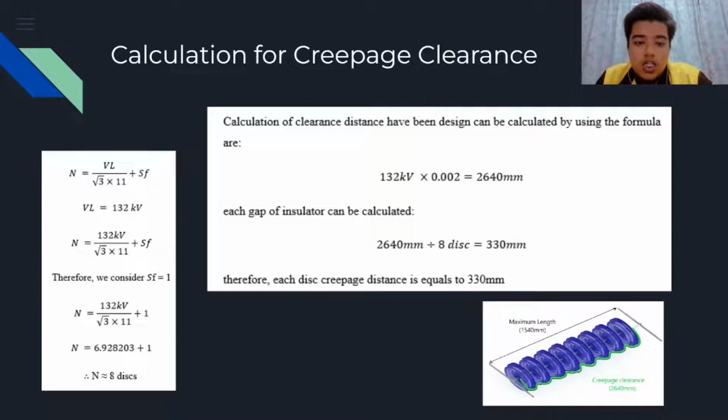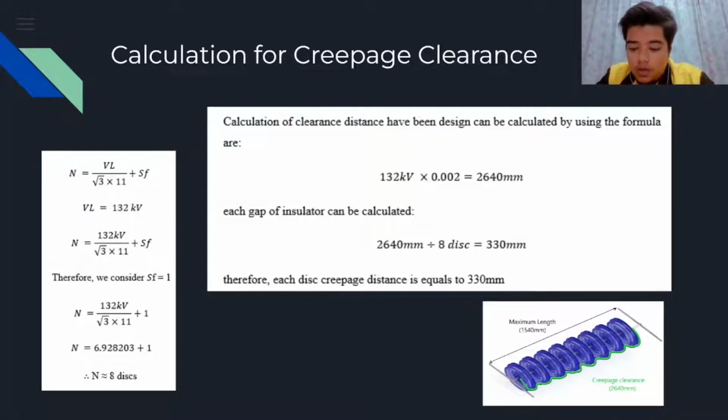Then the gap of each insulator is calculated from the 2640 millimeter creepage distance divided by the 8 discs, so each disc creepage distance is equal to 330 millimeter.